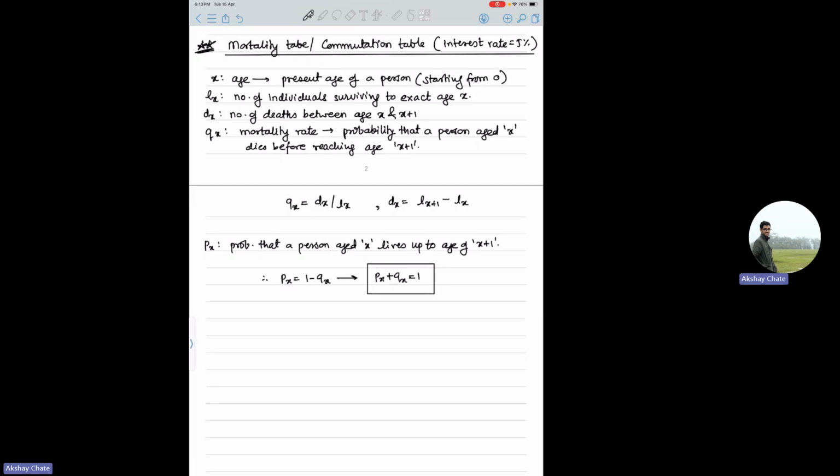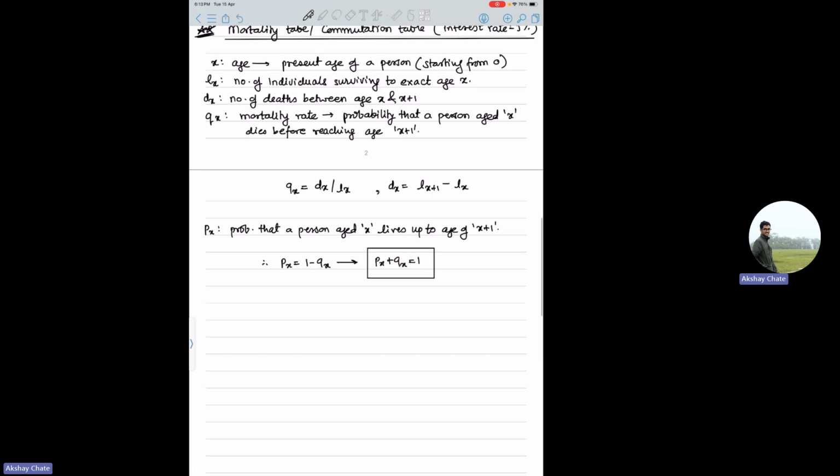Then, it's not in the column, but you define something called npx, or nqx also. These two columns are not there in your table, but since we are discussing different terms, we will just keep them. So npx means the probability that a person aged x lives for the next n number of years.